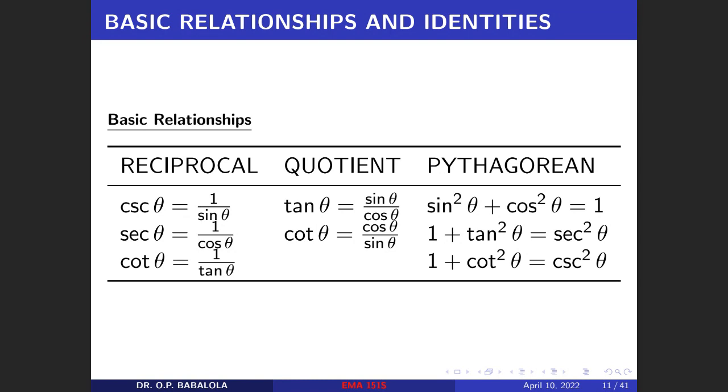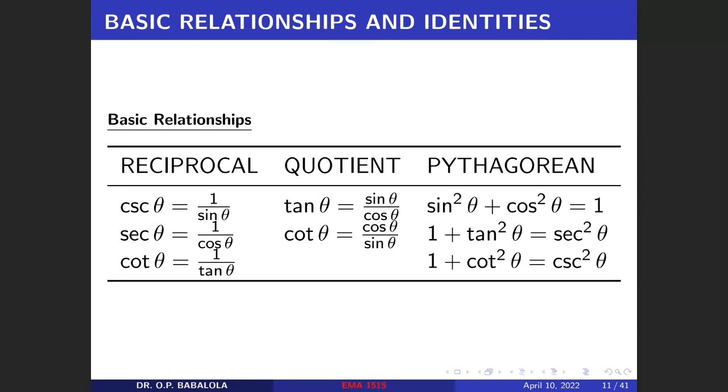Now, we have also mentioned Pythagoreans. This is a theorem that finds the relationship between the addition of sine and cosine. Okay, you all know that sine squared theta plus cos squared theta equals 1. And another Pythagorean is 1 plus tan squared theta equals sec squared theta.